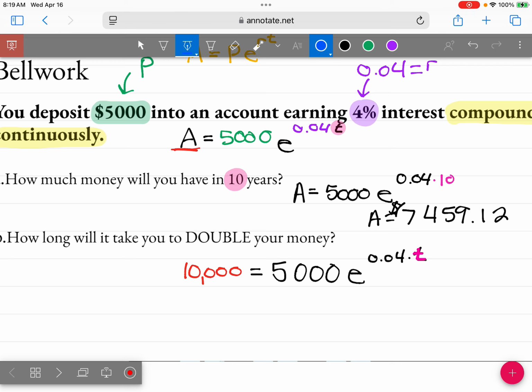How are we going to get the E by itself first? Super close. Divide by the 5,000 because they're currently being multiplied. So to get rid of that 5,000, I need to divide. Whatever I do to one side, I do to the other. So we're going to divide by 5,000.